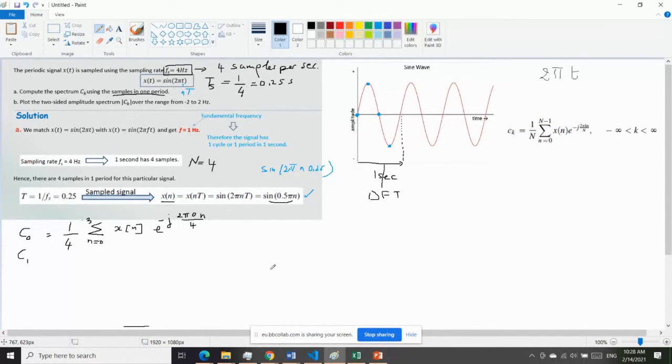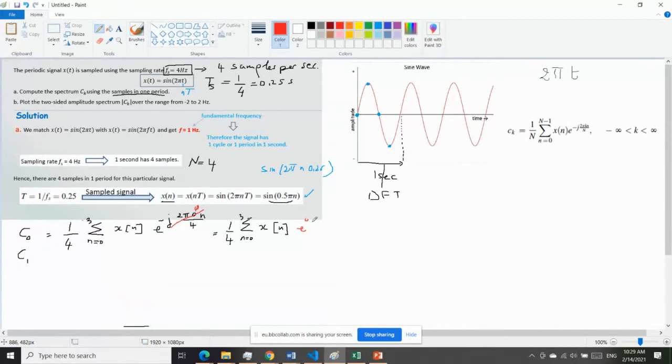Okay, so if you look at this, the k is 0, so all of these become e to the power of 0. All these exponents are 0 times the components, so in the end they are all e to the power of 0.